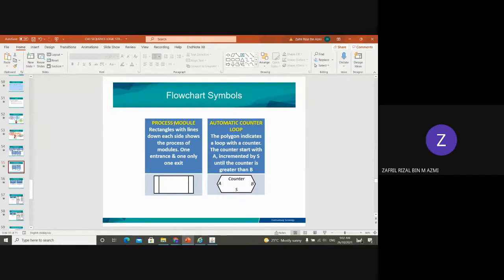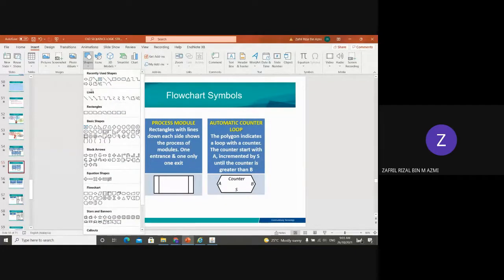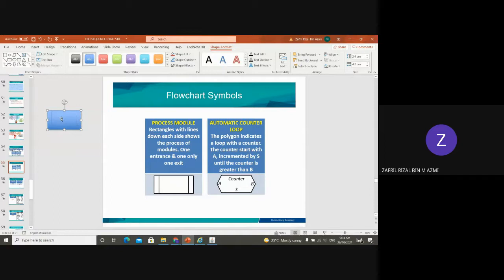That one is what the programmer makes. So for a user defined module, we use this symbol. You may find it in Microsoft Word, you may use the one in Microsoft Word. This represents a module.